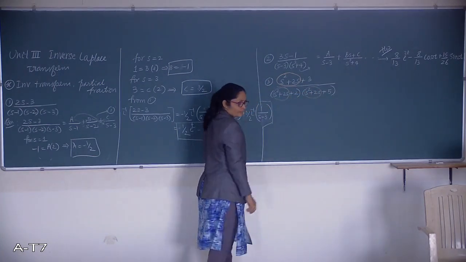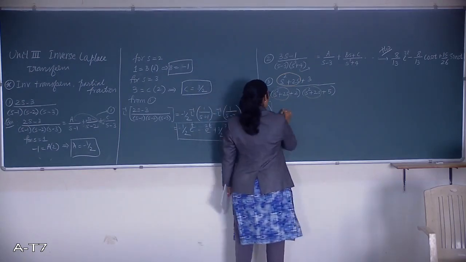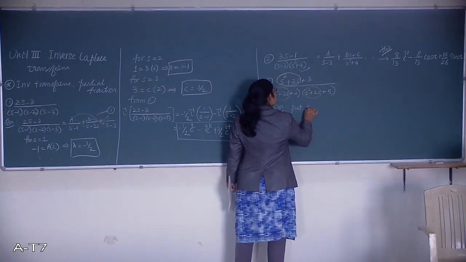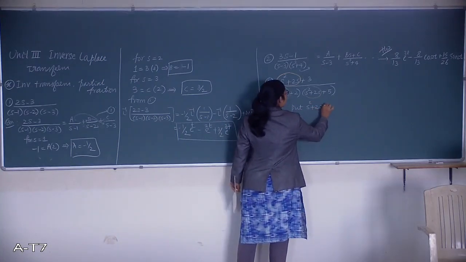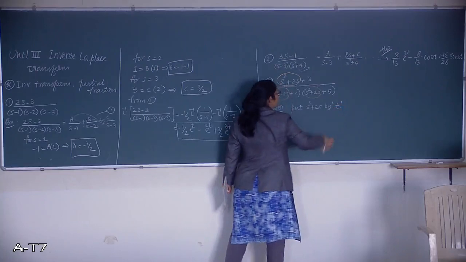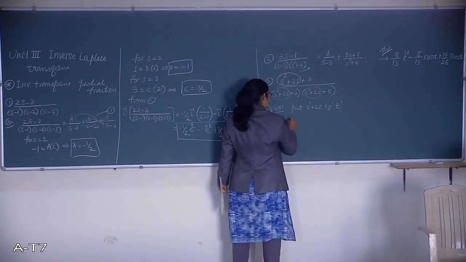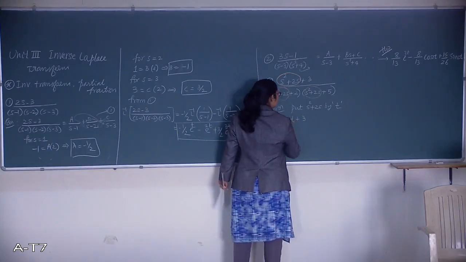The degree is the same. So what I can do here is replace this s square plus 2s by t, so that it will get reduced to the simplest form.